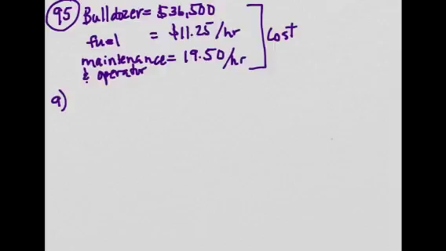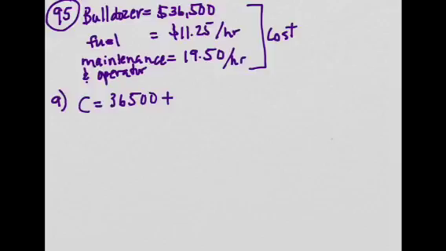So for part A, they want you to write a linear equation that gives a total cost C of operating the bulldozer for T hours, including the purchase cost. So I know that it costs $36,500, and then per hour they have to pay $11.25 for fuel and $19.50 per hour for maintenance and operating cost, or for the operator.